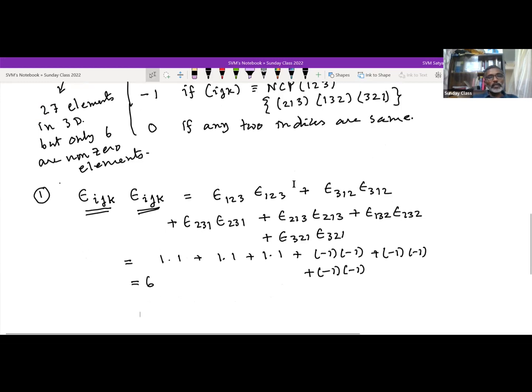Why did we not use other indices, for example epsilon 1, 1, 1 epsilon 1, 1, 1? Because epsilon is 0 if any two indices are repeated. So even though there are so many other possibilities, only these are the non-zero terms in this summation.